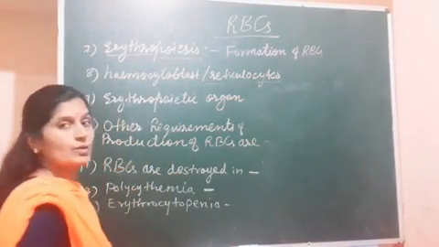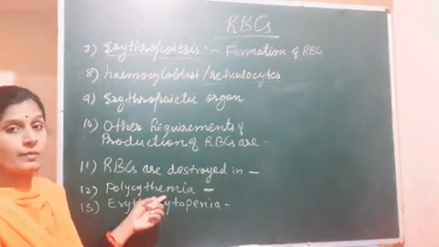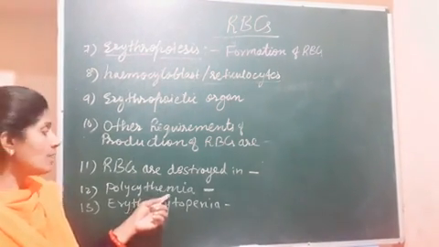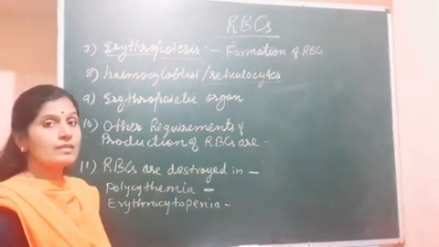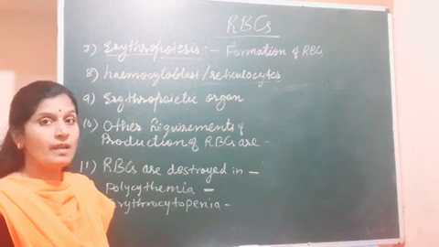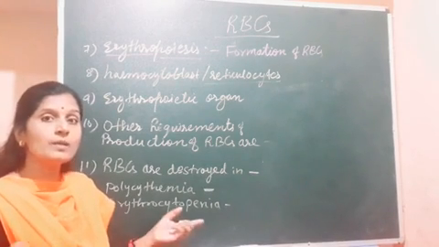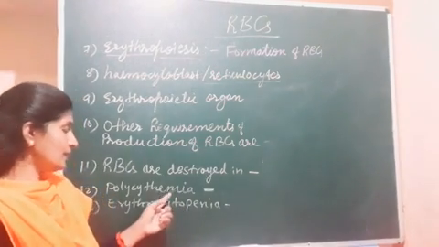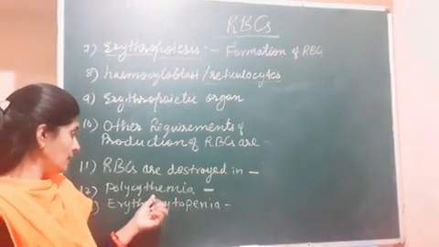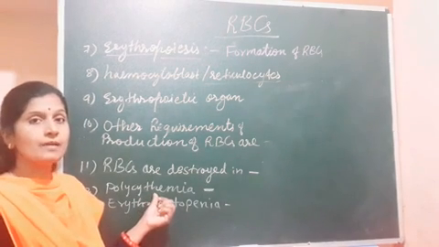If the person is doing exercise, then his RBCs will increase. Or the person who is living in high altitude areas, their oxygen level will be less, and to get more oxygen, the number of RBCs will be more. So in these two ways, polycythemia will be there, meaning increase in the number of RBCs.